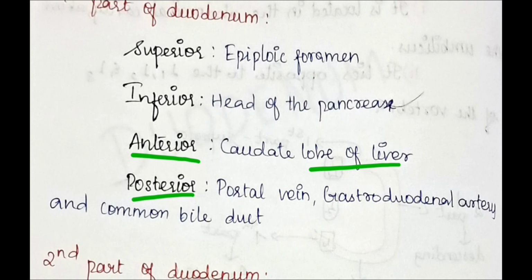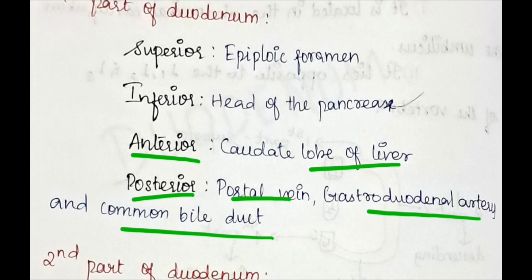of the first part of the duodenum are the portal vein, gastroduodenal artery and common bile duct. So the posterior relations of the first part are the portal vein, one artery and one duct. This is the posterior relation of the first part of the duodenum.